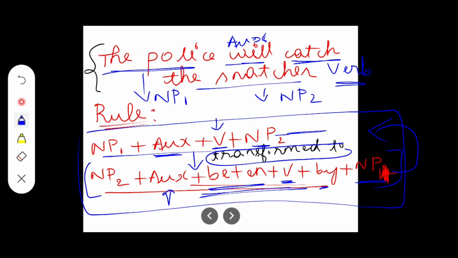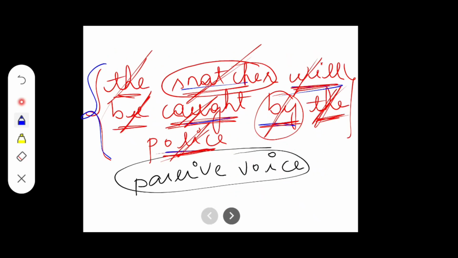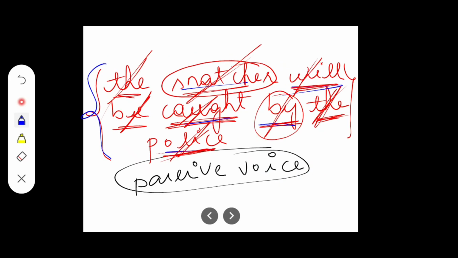Using these rules, you first change the sentence to passive voice, and then you have to change be and en according to the context the sentence is in. By looking into this, you have to change the sentence by using morphophonemic rules. And finally you will obtain one sentence, the final sentence, which is converted from one form to another form. So finally you have to apply the rules for this final sentence.